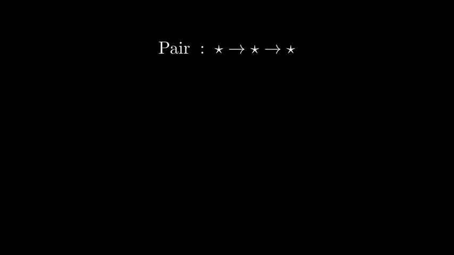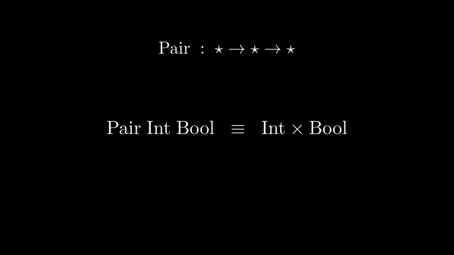So far, types have been opaque atoms, but often we want to build new types from old ones using a function, a type-level function. Pair is itself a function. Applied to int and bool, it produces the type of integer-Boolean pairs. To handle this honestly, type theory introduces kinds. A kind is a type of types.